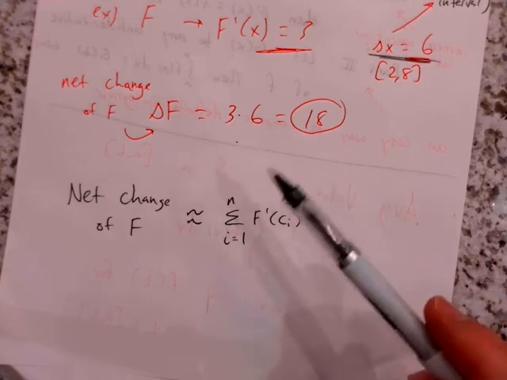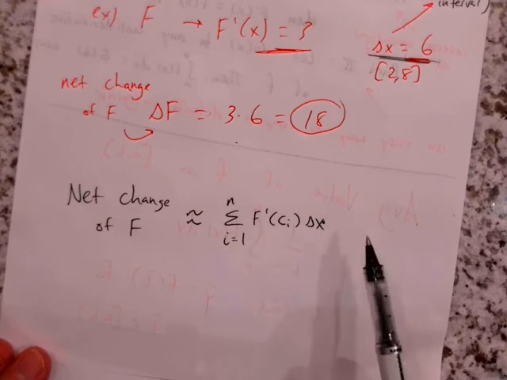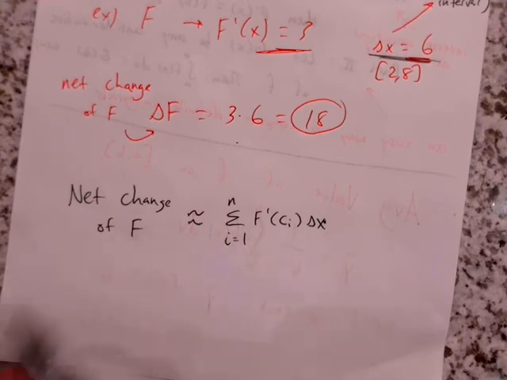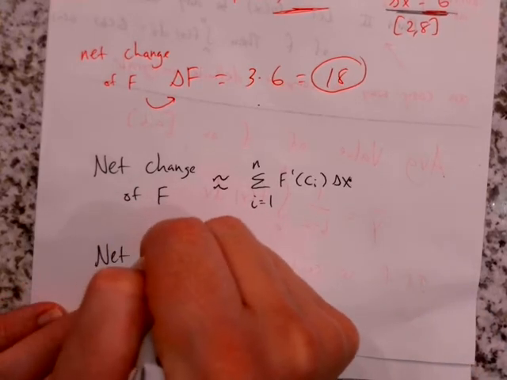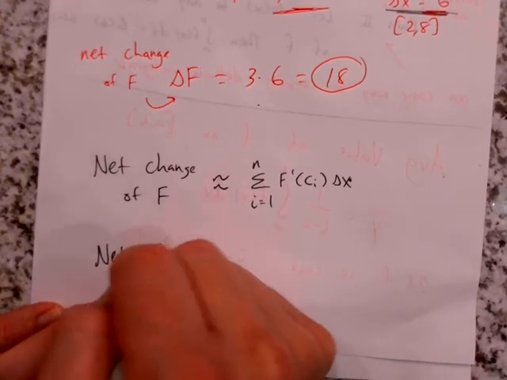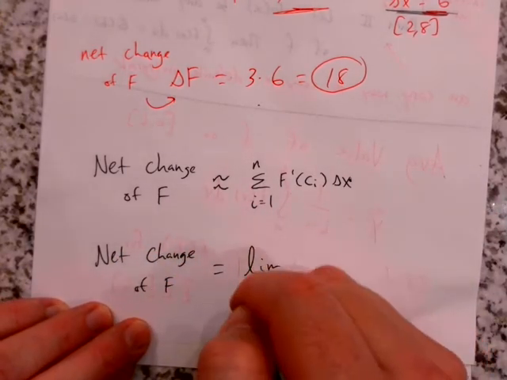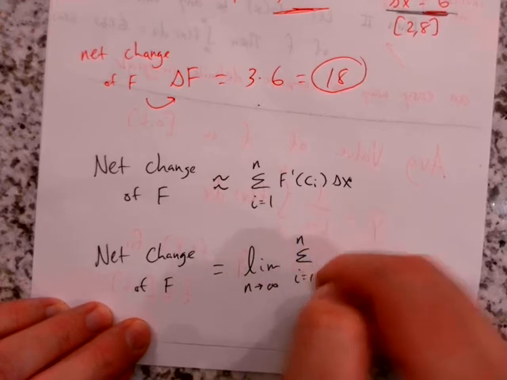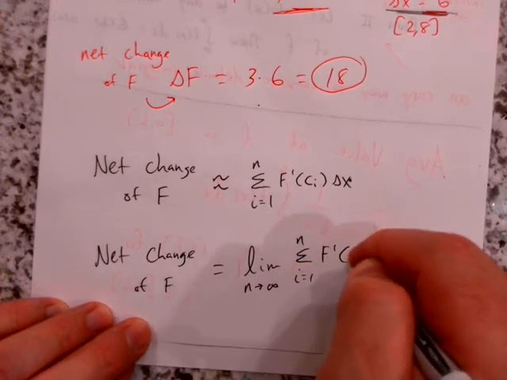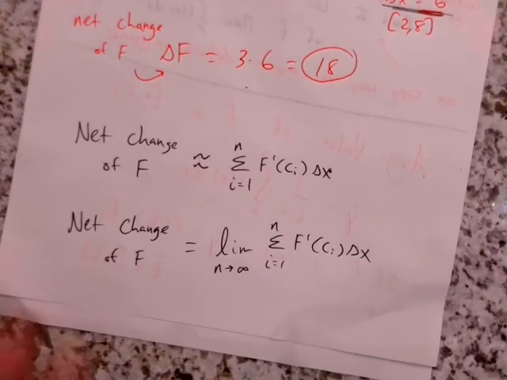Right? And since we broke our interval up into a bunch of tiny subintervals, when you add up all those changes, it gives you an approximate of the total net change. And we have equality if n is infinity. So the limit as n goes to infinity of the sum from 1 to n of how fast your function changes times how long it's changing for.